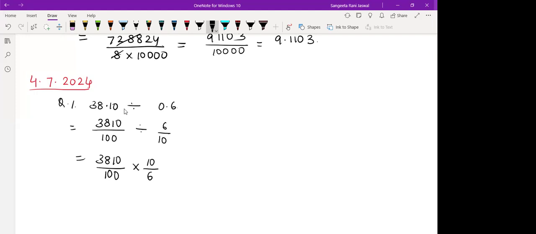Just change the numbers to fraction form and do as usual. 10 and 10 cancel here. Now this is 3810 divided by 10 into 6. You can divide this number by 6 and then put the required point. Just divide it by 6. 6 will give you 36.